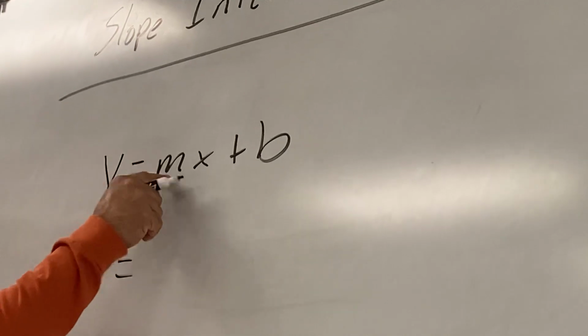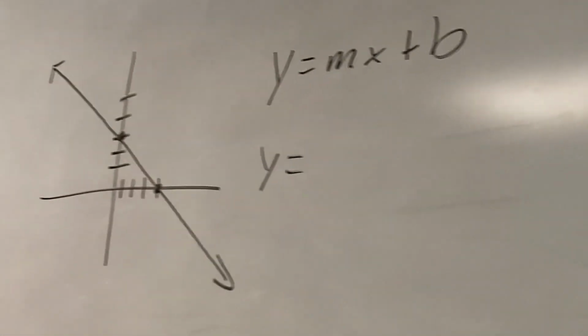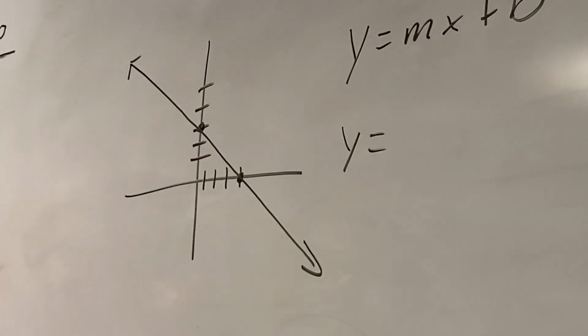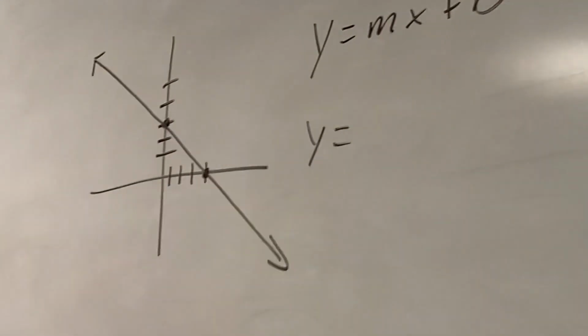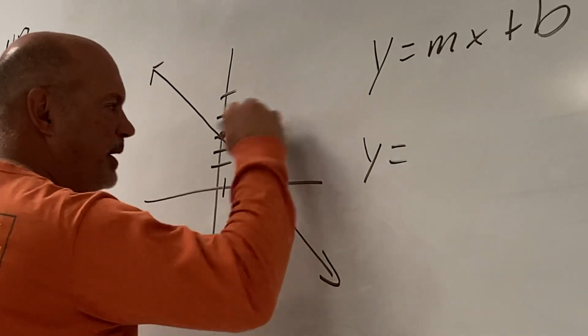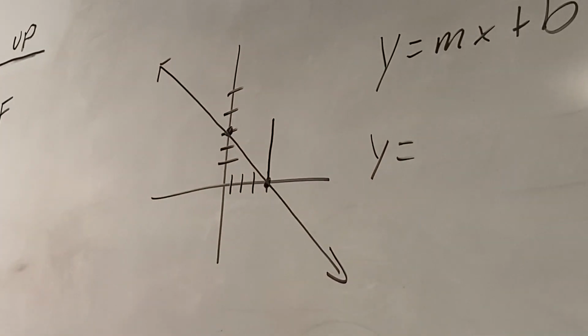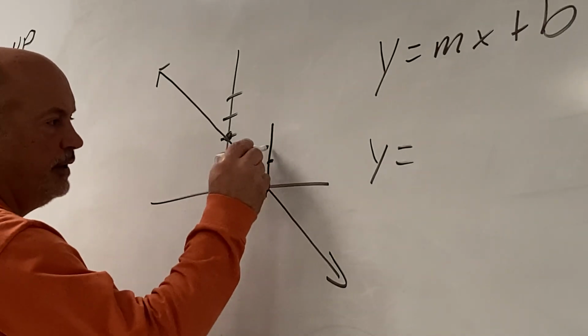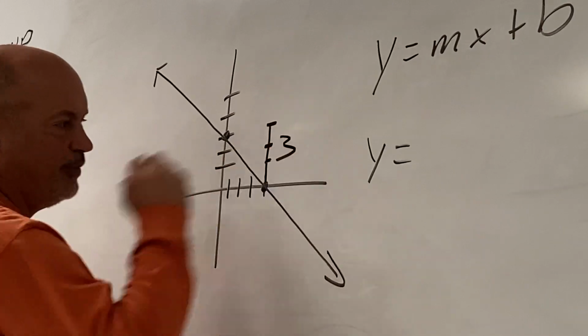All right, who can help me find the slope using this graph? We need to find the blank over the blank. Layla? Good, let's find the rise. I'm going to draw my stair step straight up. How much does it rise, Layla? 3. Goes up 1 square, 2 squares, 3 squares. So the rise is 3.